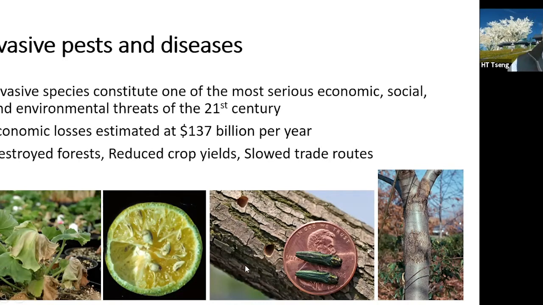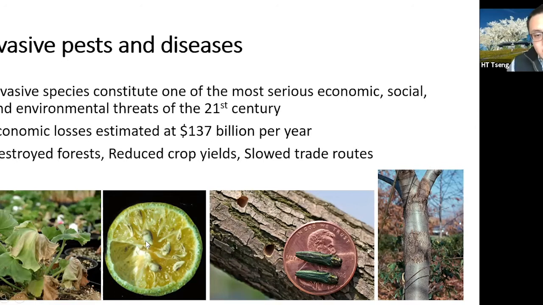For example, if you see down here, that's emerald ash borer. It's an invasive insect. It destroyed a lot of ash trees in North Carolina already. Reduced crop yield, for example, Florida for years has been dealing with a disease called citrus greening.